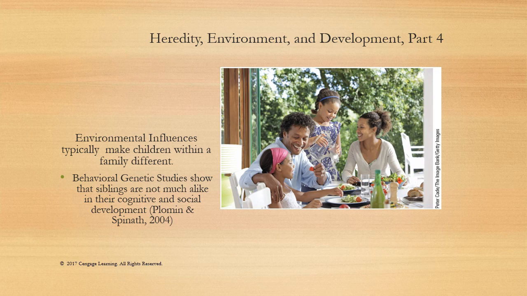My brother and sister are 10 years apart. My parents are two different people 10 years apart. Their styles are going to be different. It's a different household. So that's what they're saying: environmental influences mean the parents parent differently to the individual child. And because of that, siblings through research have not been alike in their cognitive and social development.